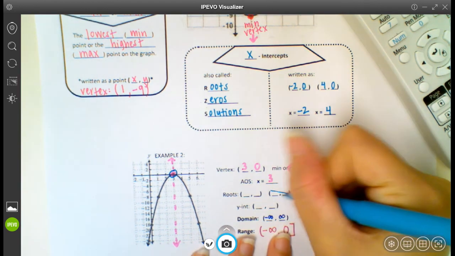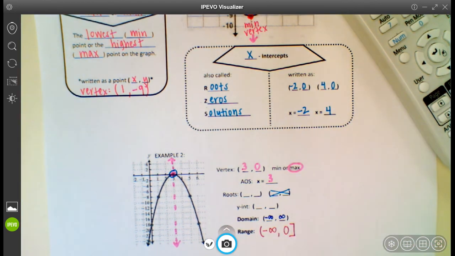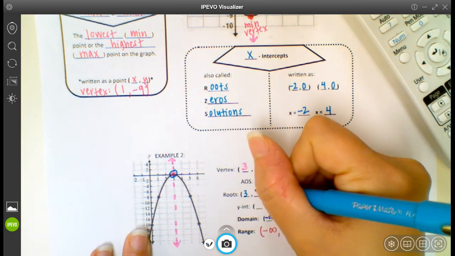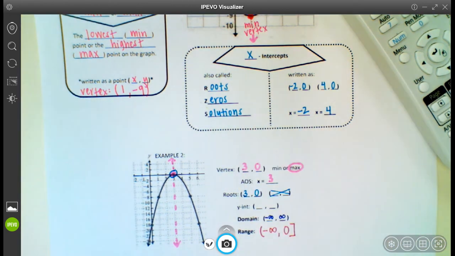So we don't have a second root this time. We only have 1, and that happens sometimes, depending on how the U moves and takes shape. All right, so our root is over 3 and up and down nothing. It's a point on the graph.